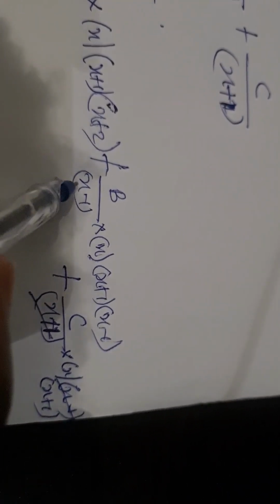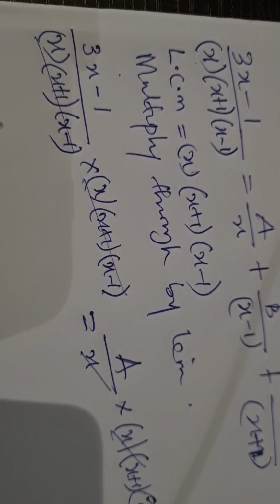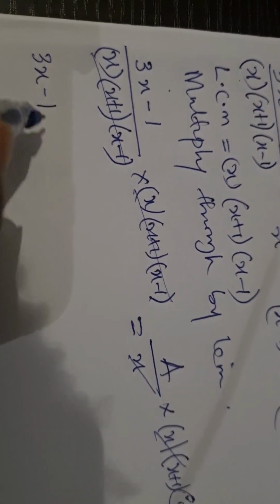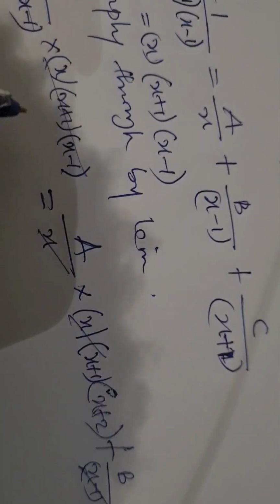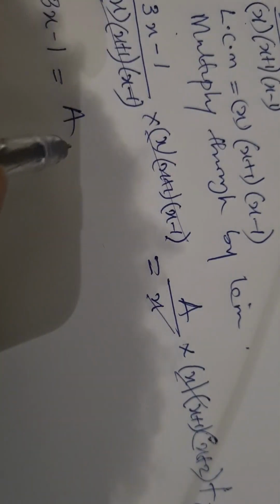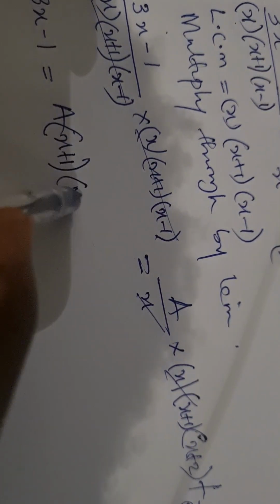So this x plus 1 cancels x plus 1. Right? This x minus 1 cancels x minus 1. This x cancels x. And the whole of this cancels the whole of this. Right? So 3x minus 1 is equal to a multiplied by x plus 1, x minus 1.